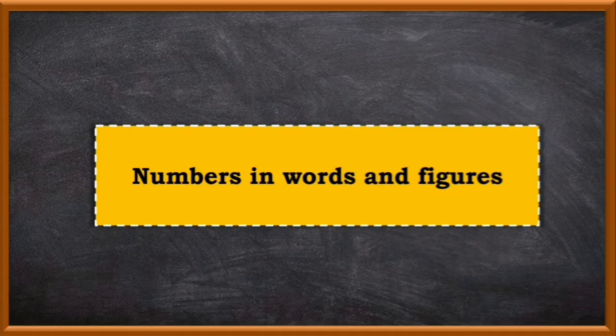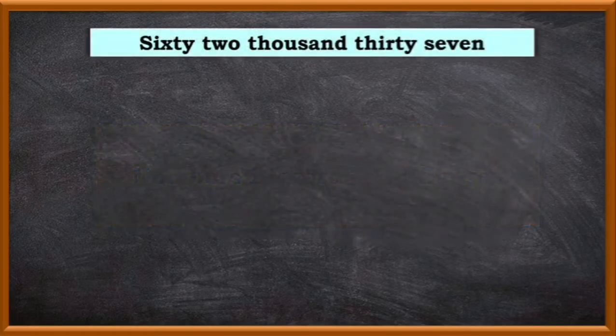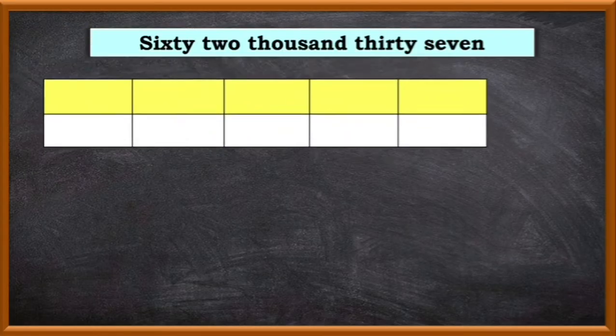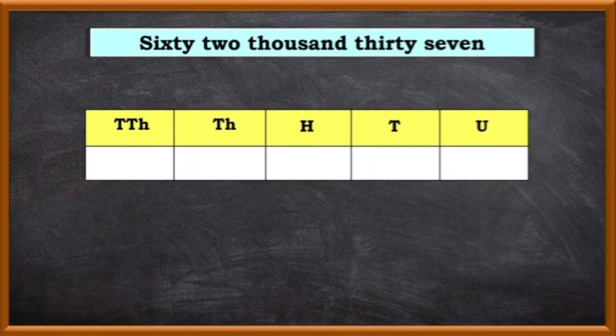Numbers in words and figures. Here we have to write this number in figures. So the number is 62,037. So let's write 62,000 in thousands place. Children, can we write 2 digits in one column while writing numbers in place value chart? No, right?